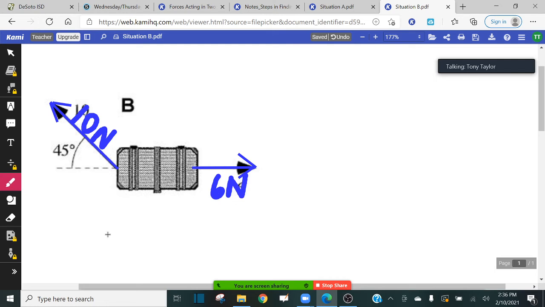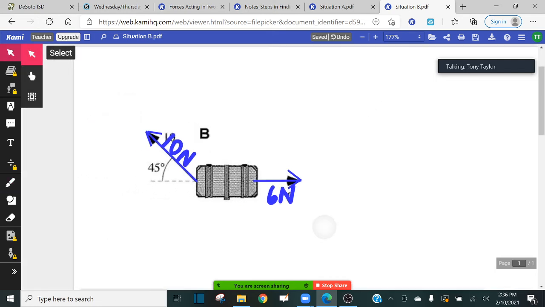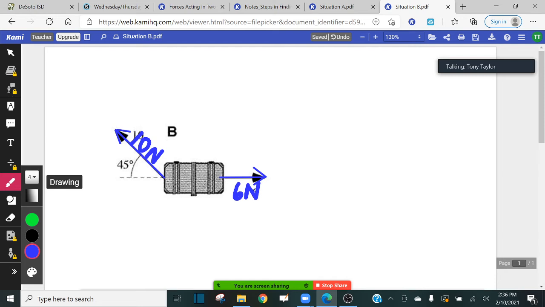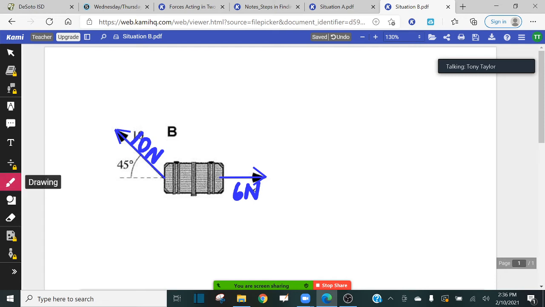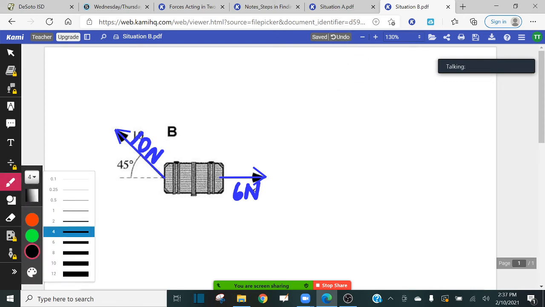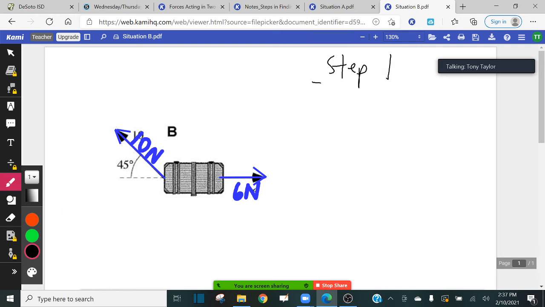All right, so let us start with step 1. Step 1 says split up each force into its x and y components.